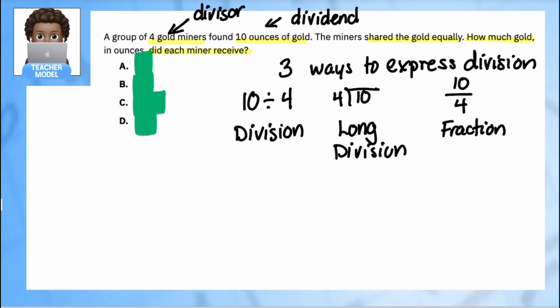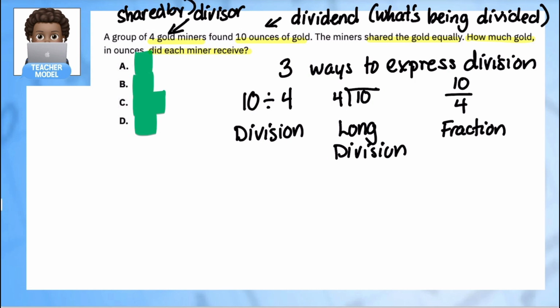I just want to make sure that we're really clear about that. Where what's being divided is always first, as our dividend, and how it's being shared is our divisor.